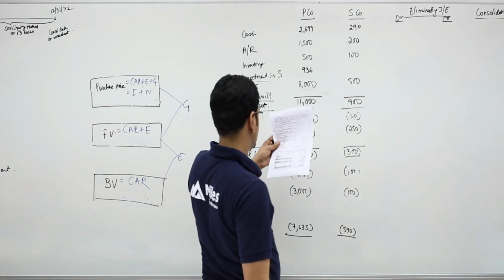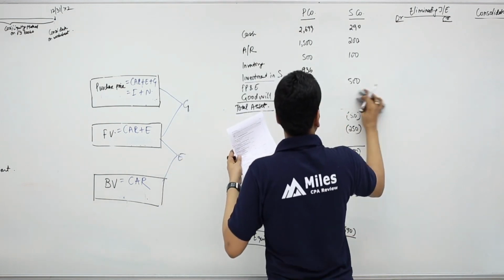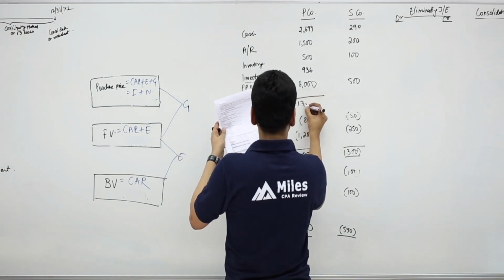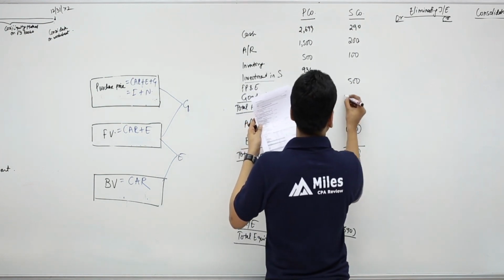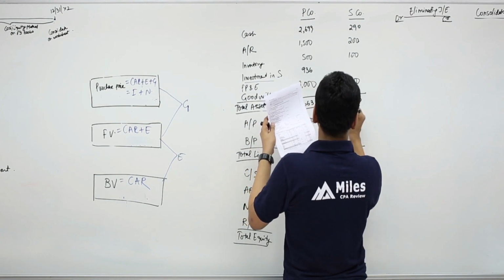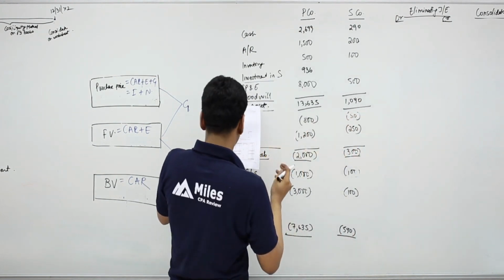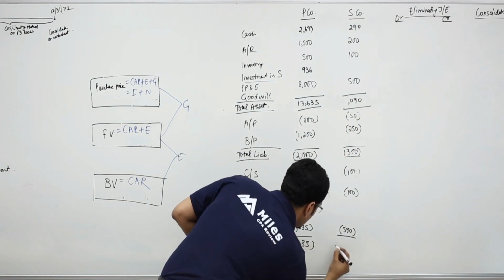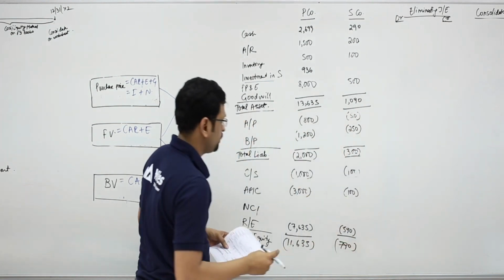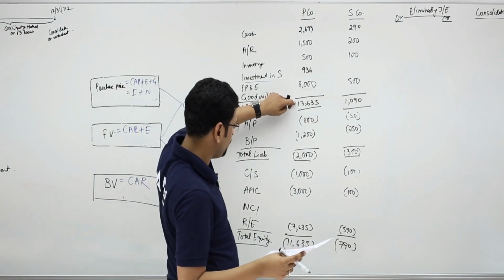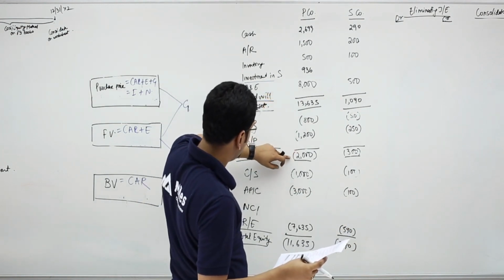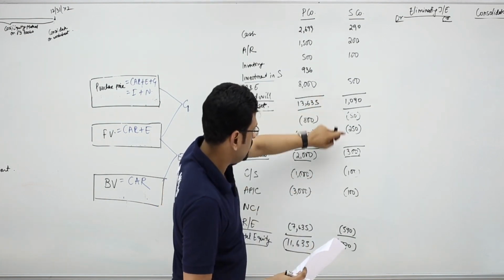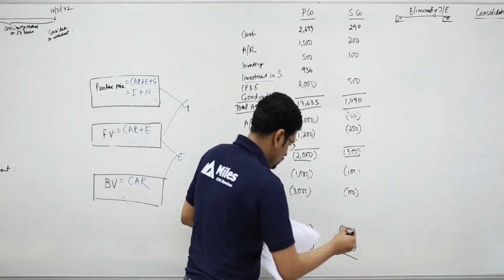Looking at the totals, this is 13,635, this is 1,090, and then you have 11,635 and 790. So 13,635 minus 2,000 gives you 11,635. Good. 1,090 minus 300 gives you 790. So this is all good.